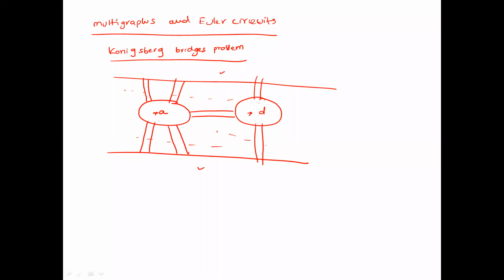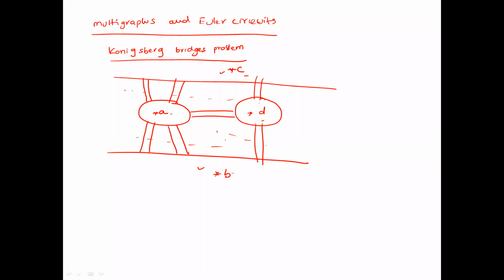These 2 are the banks of the river. Let's call this C and this B. So there are 4 land areas, and they constructed bridges like this.